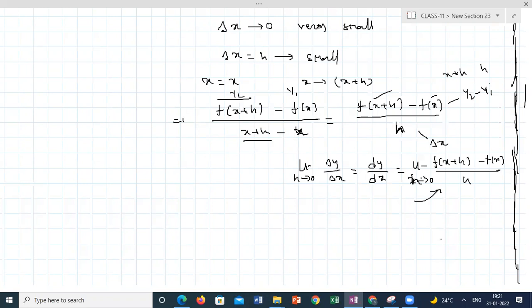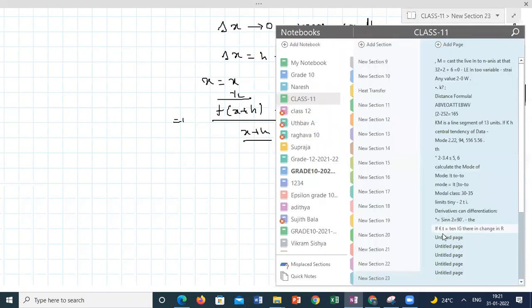Initially we will start with a few points. Suppose the question says, find the rate of change of the function. Instead of always saying rate of change, I will say: find the derivative of a function at a point.